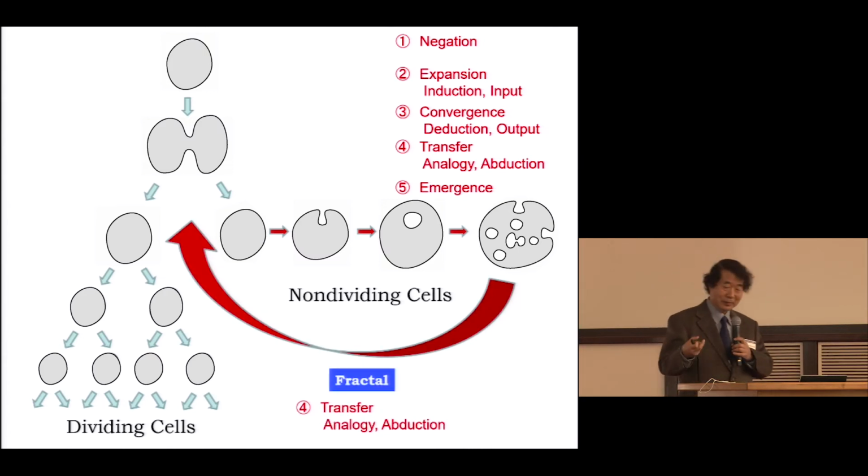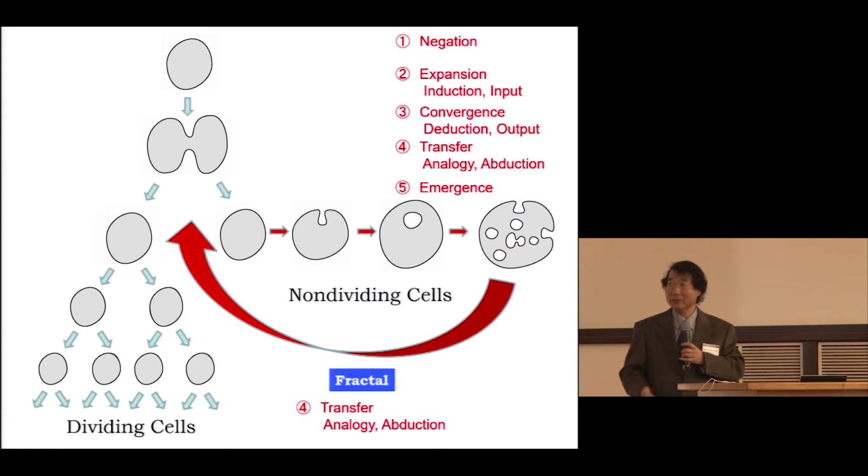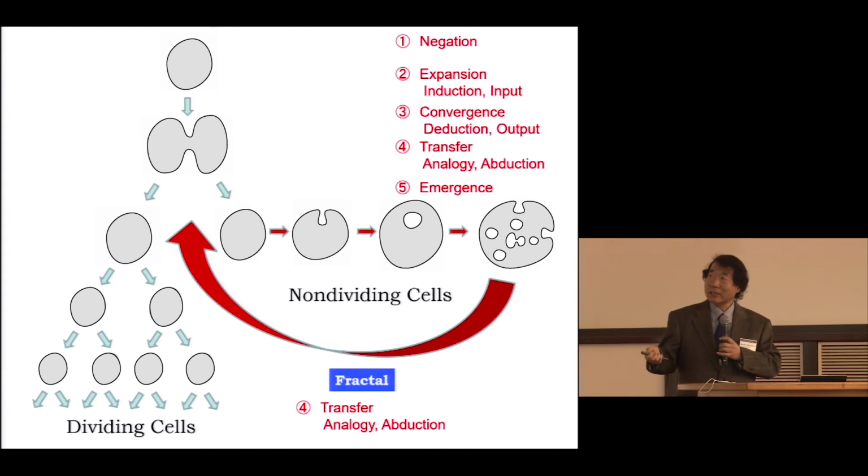Many cells can communicate with each other through molecules, hormones, or electric signals. And interestingly, please look inside the cell. You can see intracellular dynamics, which is analogous to extracellular or intercellular dynamics.